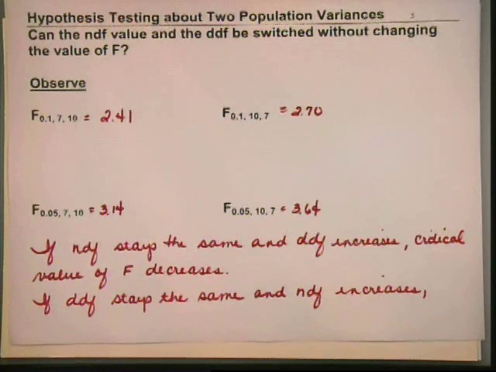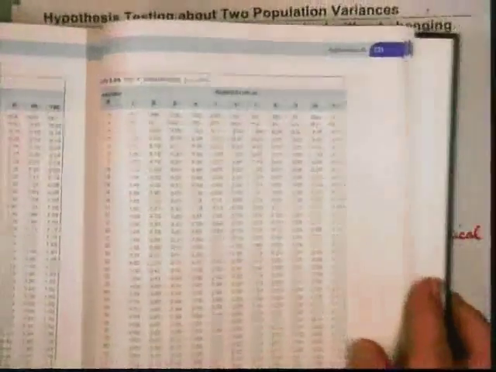Let's have a look here. Just stay on here. This is 0.05.